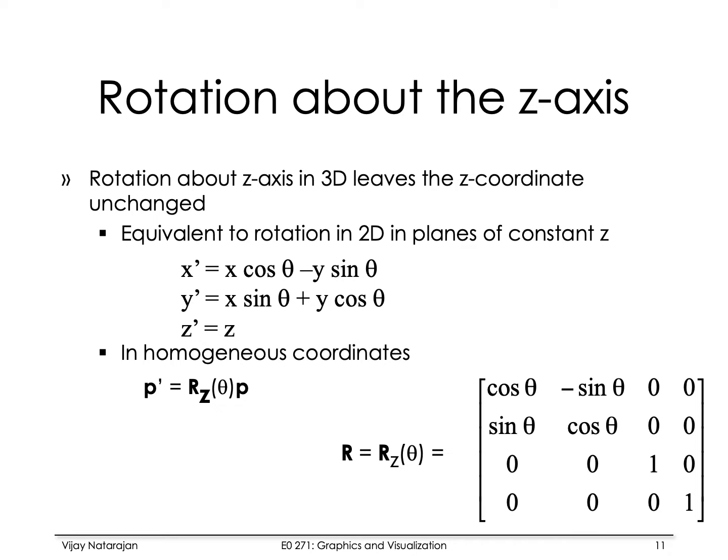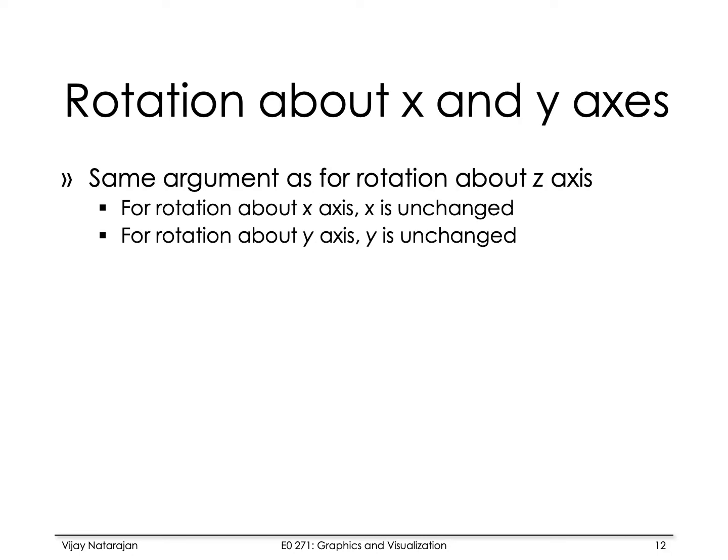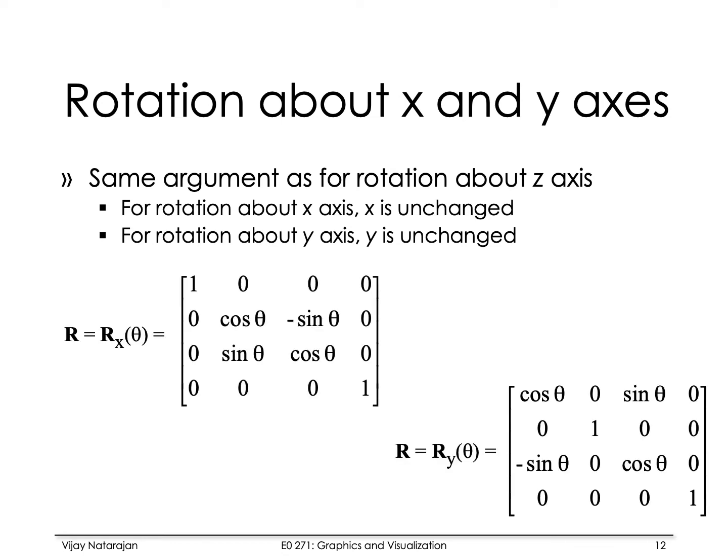Notice that this is the rotation matrix where the rotation is about the positive z-axis by an angle theta. We can imagine that a similar matrix can be written for rotation about the x-axis where the x values are unchanged, and rotation about the y-axis where the y values are unchanged.